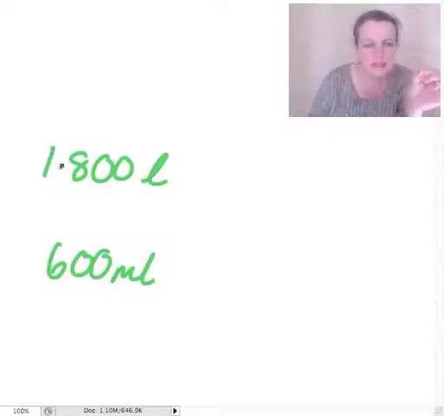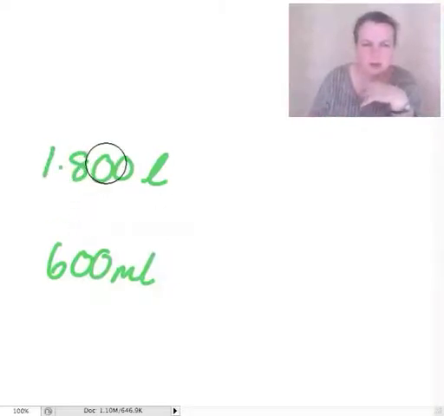So we go litres, decilitres, centilitres, millilitres, and now they are both millilitres. Litres, decilitres, centilitres, millilitres.